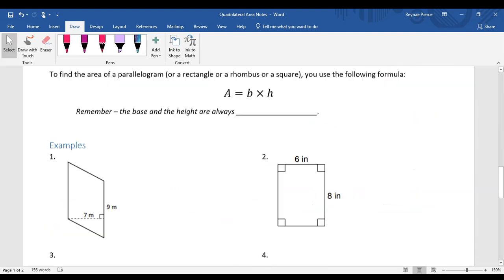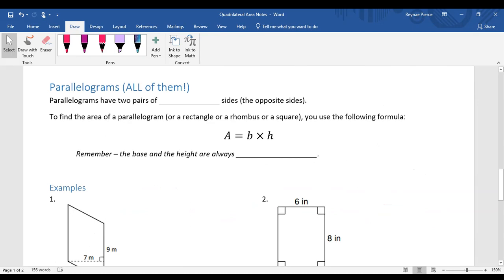Okay. And last but not least, parallelograms. And this works for all parallelograms. So if you were paying attention earlier, we've got 2 different ways we can find the area of a rhombus. And technically 2 different ways we could find the area of a square. But personally, I think this equation was a lot easier.